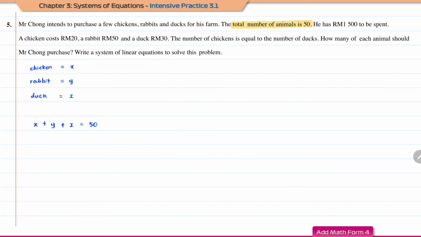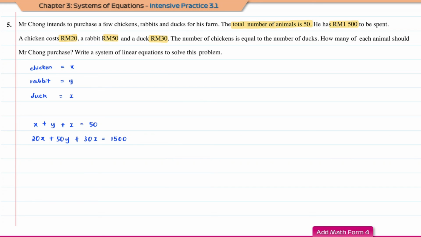The second equation: Mr. Chong has RM1,500 to spend, and we know the cost for each animal. So the next equation will be the cost for the chicken, which is 20x, the rabbit 50y, and the duck 30z. And this will be equal to 1,500 ringgit that Mr. Chong has.